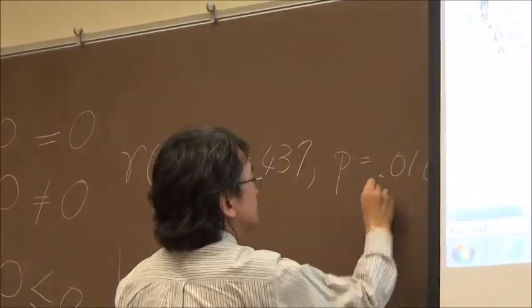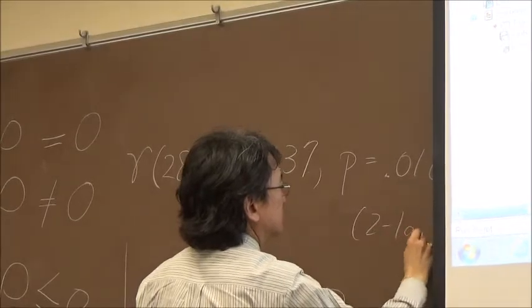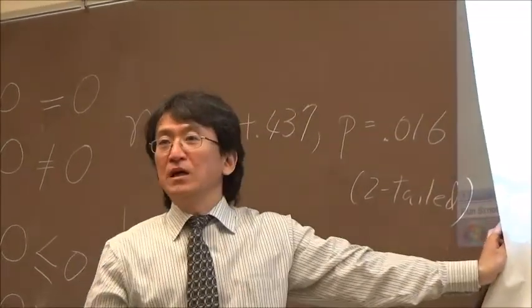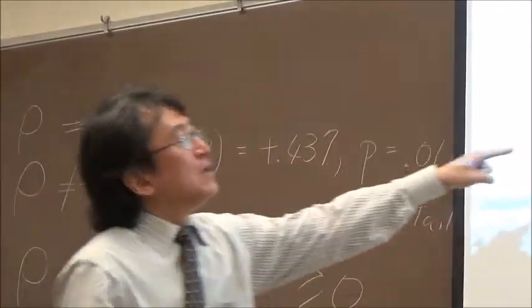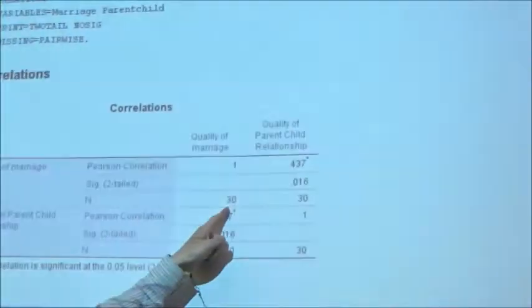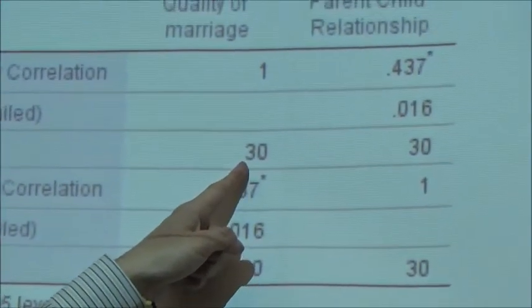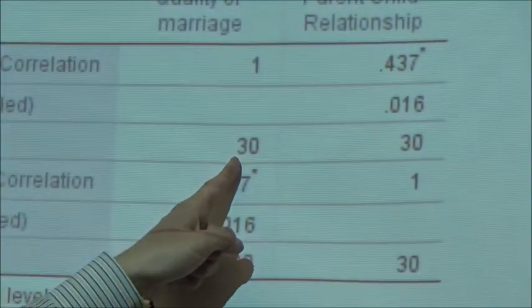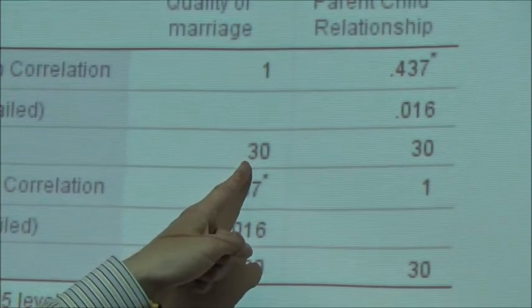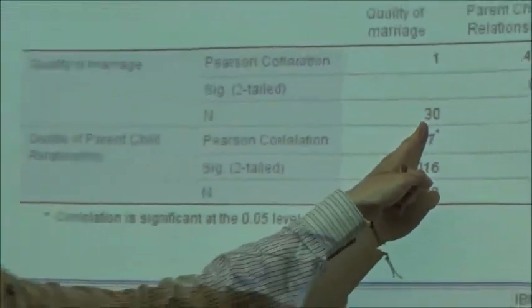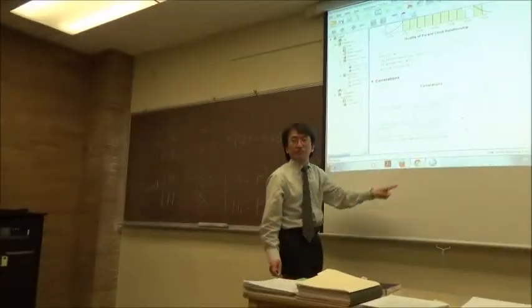The sample size is 30, and the degrees of freedom is n minus 2, so 30 minus 2 equals 28. With me so far? Good question.